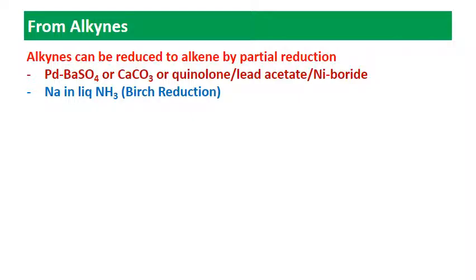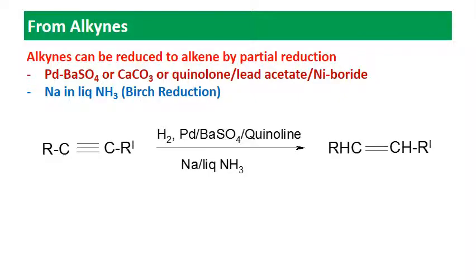Normally we use palladium on barium sulfate or calcium carbonate, or quinoline, lead acetate, nickel borate can be used. The palladium barium sulfate catalyst is known as the Lindlar catalyst, and the second method is reduction by using sodium and liquid ammonia, and this reduction is known as the Birch reduction. So this is a very simple reaction.